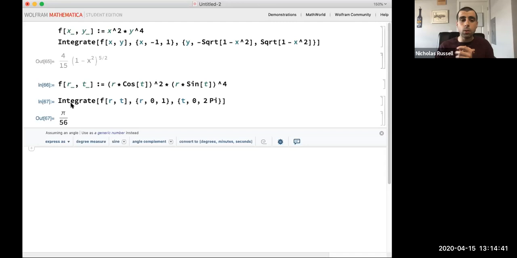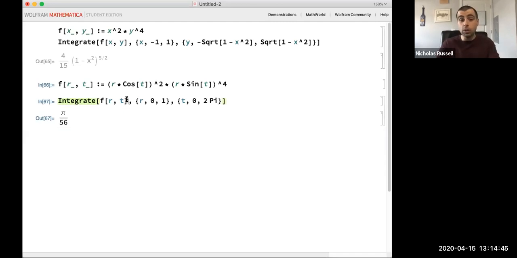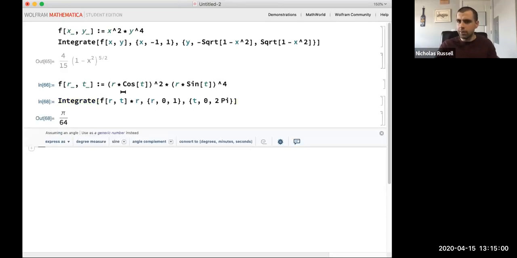But what's important to note here, oh, I forgot to multiply by r. Have to do that. This is actually really important. Good thing I messed up. You have your function here, but you have to now multiply by r, because I've now polar coordinate shifted. This is really important because we didn't get the same answer. I was kind of wondering why that didn't happen, because of what we did.